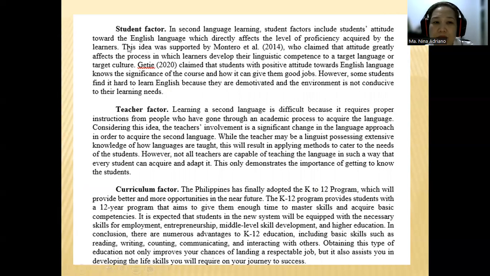Pero dapat marami itong mga studies that use the student factor. Okay, lahat yan, ipapasok nyo dyan. And then if your other variable is teacher factor, lahat ng studies na gumamit ng teacher factor, ipasok nyo at i-discuss nyo dyan. If another variable is curriculum factor, lahat ng studies that use curriculum factor, ipasok nyo dyan. So that's how the format is in your RRL.